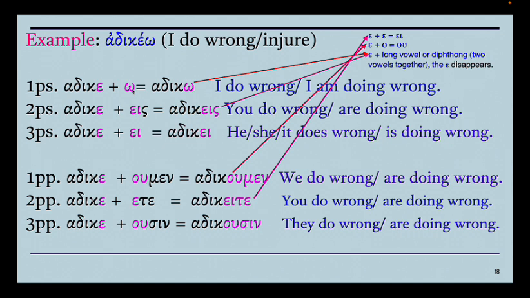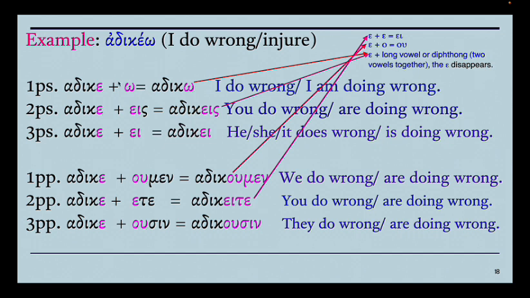So what happens when epsilon receives an omega? An omega is a long vowel. So you see this arrow, a line with an arrowhead. What does it say? The pattern says this, the rule: if epsilon plus a long vowel, that is omega or eta, or a diphthong, that is 2 vowels together, the epsilon disappears.